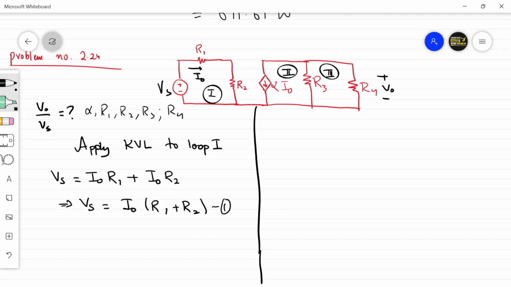Applying KVL to loop number 3 rather. V naught is our output voltage.